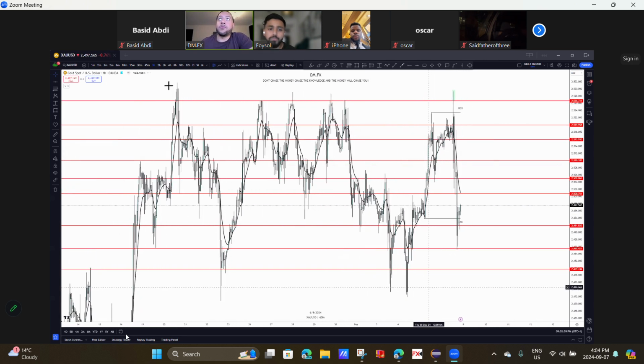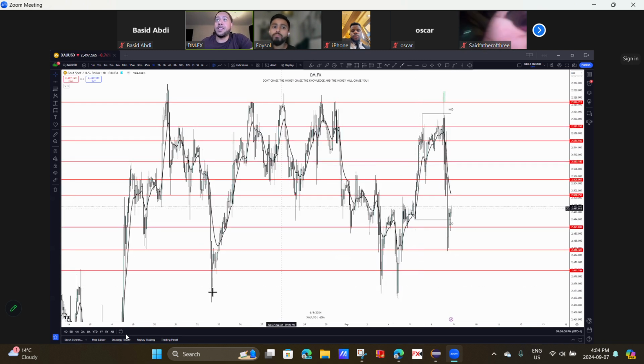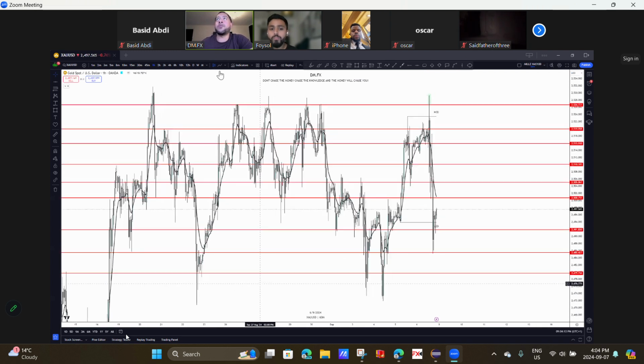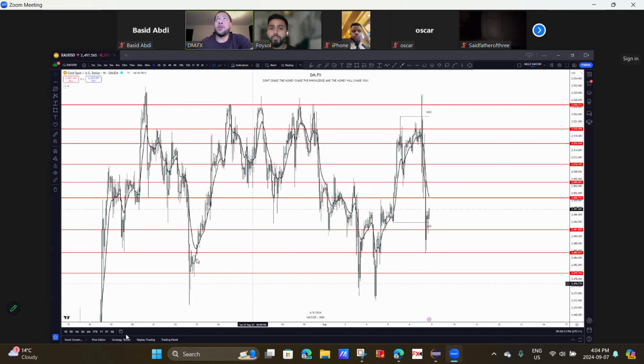You see the high that created this low. They're predominantly all the same anyways, but I went for the high that created the low. And you don't have to draw your fib to make it messy, like some people draw it and they leave it on like this.